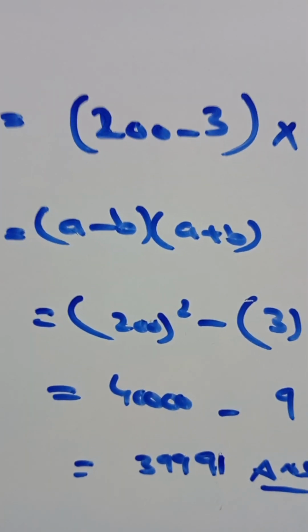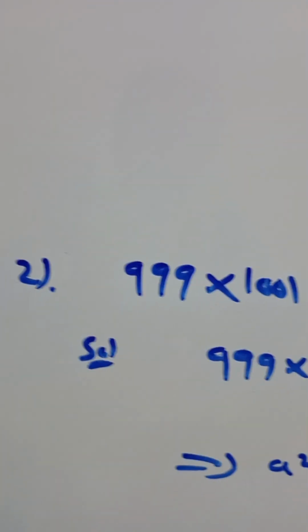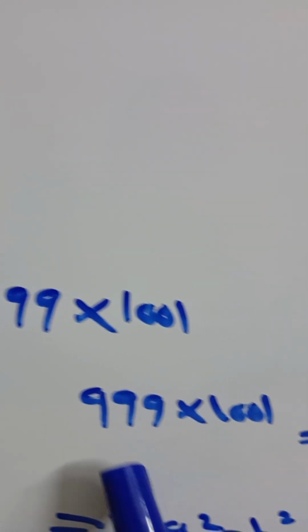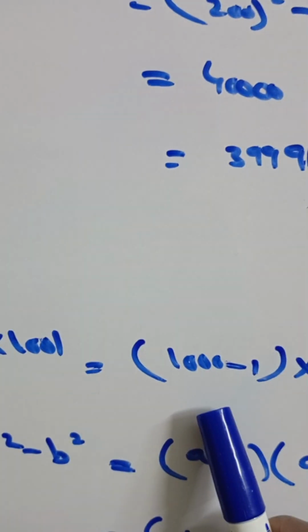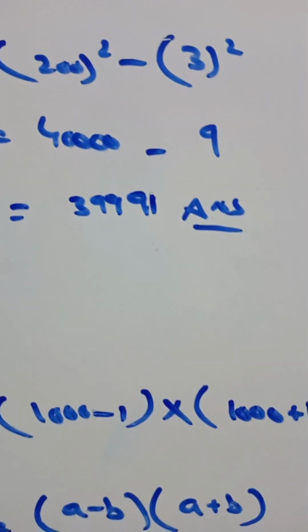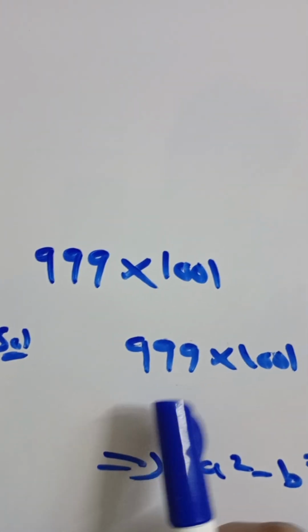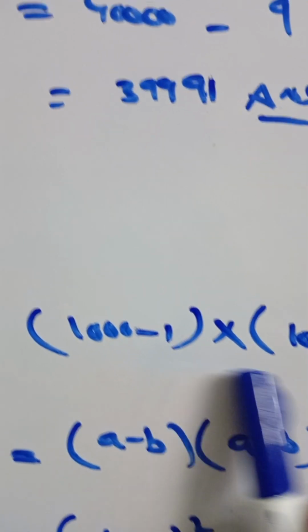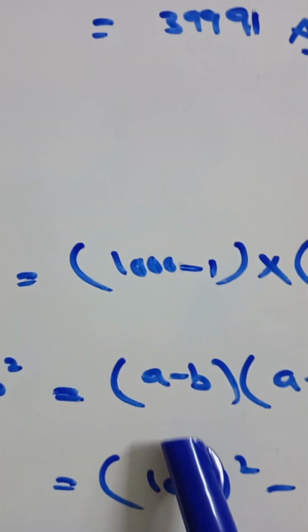Okay. Now next: 999 into 1001. You can say the solution is 1000 minus 1 and 1000 plus 1. Always remember that this formula is applicable only if they have the same values, negative or positive. So 1000 minus 1 is 999, and 1000 plus 1 is 1001. Now it becomes this form, left hand side, right hand side.